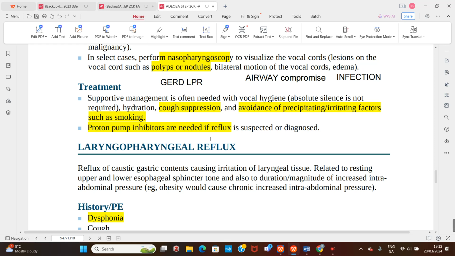You have to tell them to avoid precipitating or irritating factors like smoking. For people that have GERD, you can treat their GERD by giving them PPIs. So just treat the underlying cause, and they are definitely going to be fine. If it's infection, treat the infection accordingly.